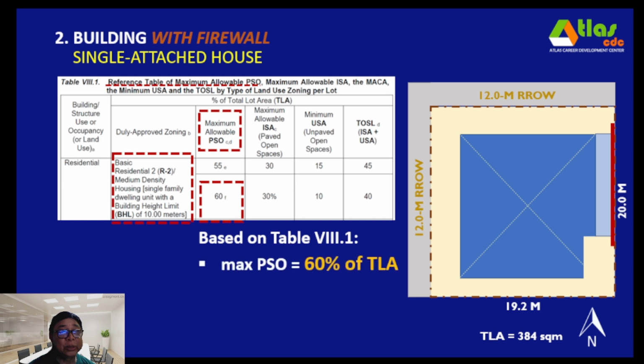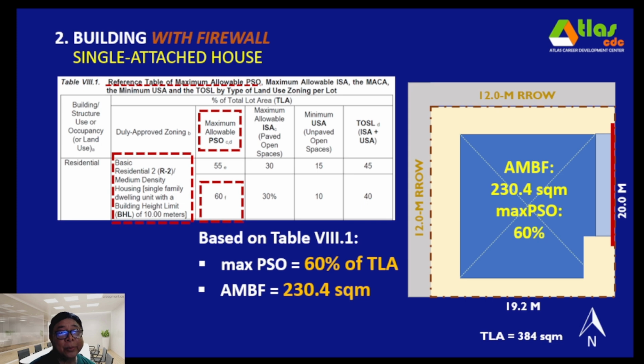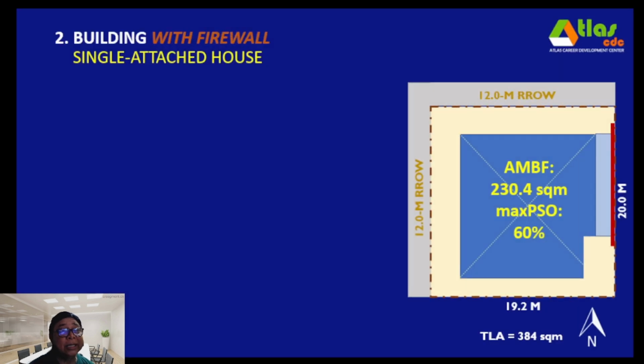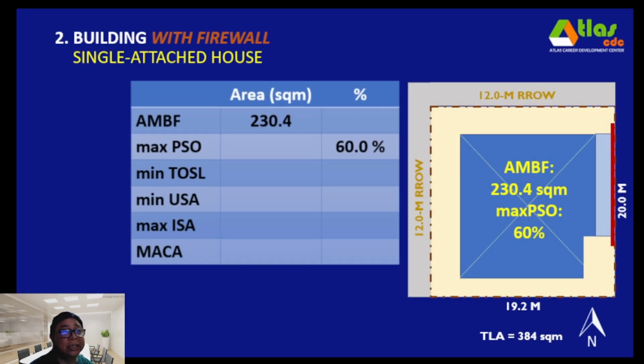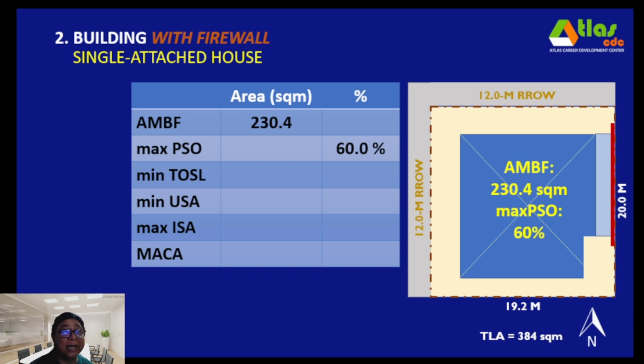So therefore, our maximum PSO, 60%, will give you an AMBF of 230.4 square meters. So we now tabulate this. Our final answer for the maximum PSO is 60% and AMBF is 230.4 square meters.